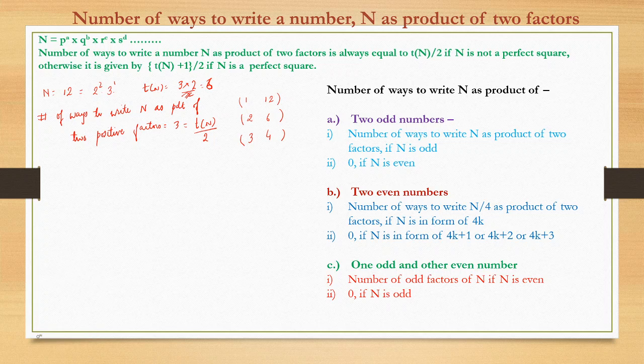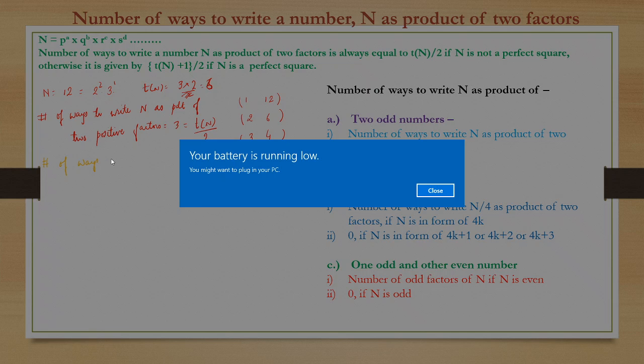Now the second we will see. Here we have seen only the positive factors, right? And just the number of ways. We are not discriminating between a pair 1, 12 and 12, 1, right? So now had the question been number of ways to write n as a product of two factors which are ordered pairs.